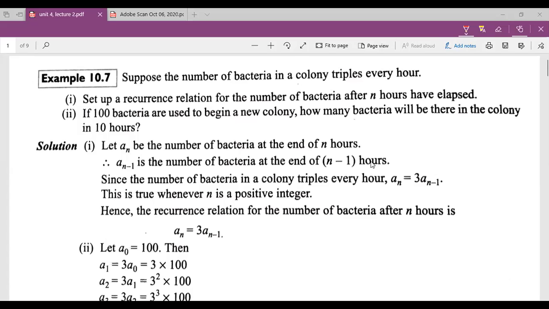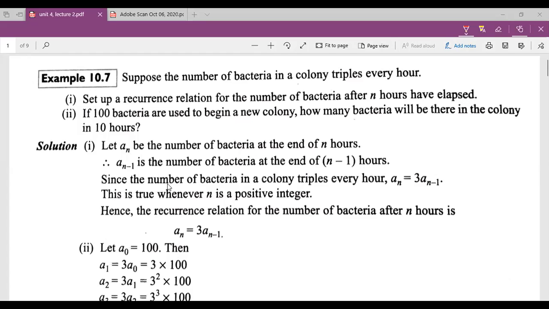So, we consider n-1 hours, and that will be equal to a_{n-1}. We have to set up a recurrence relation for the number of bacteria after n hours have elapsed.